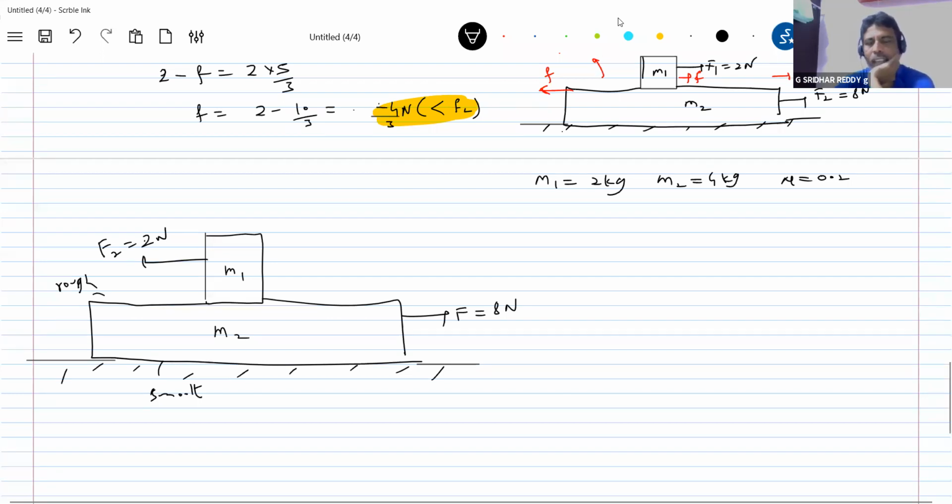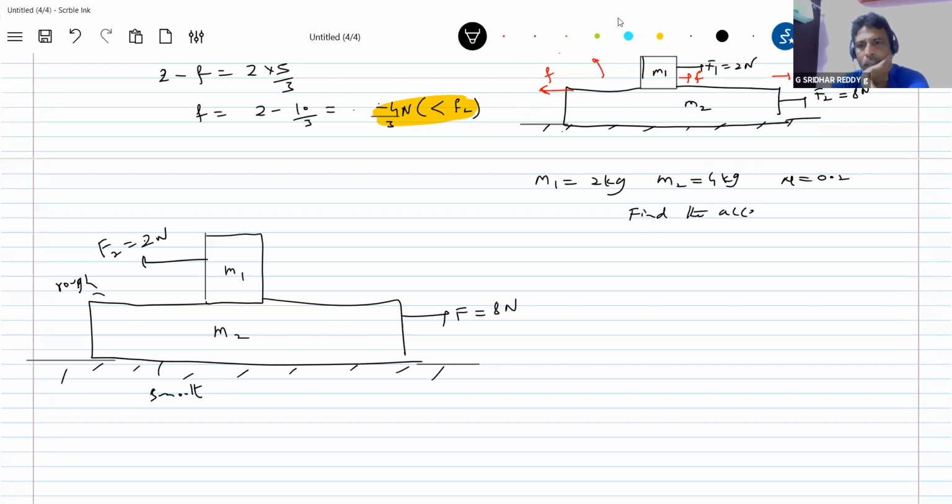You have to find the acceleration of the blocks and the friction acting on them.